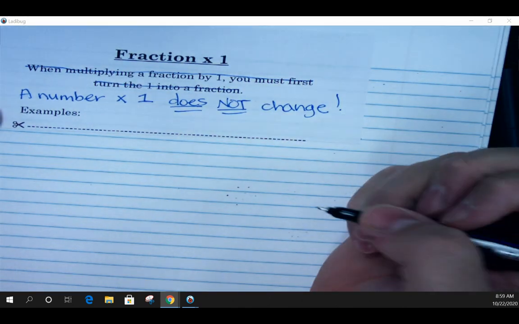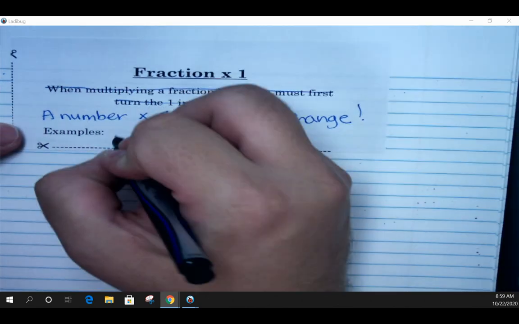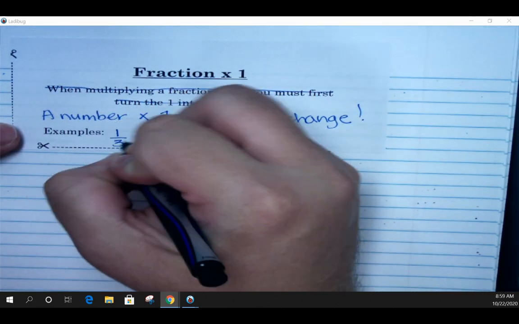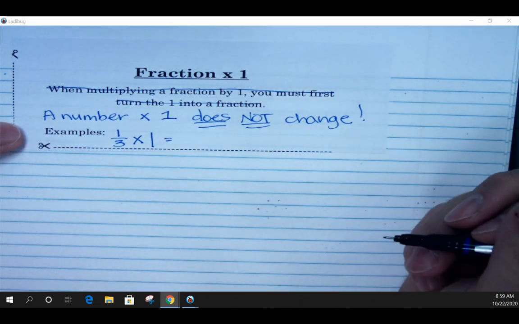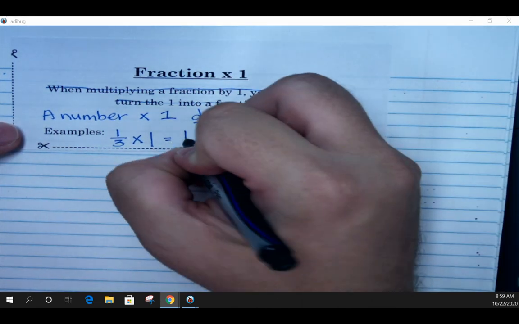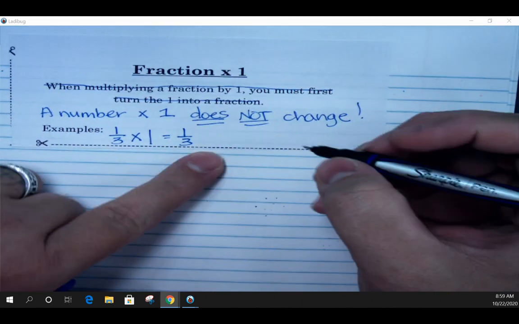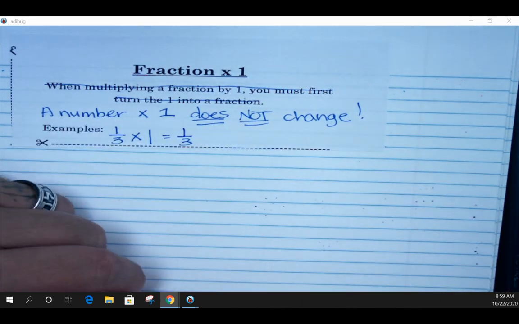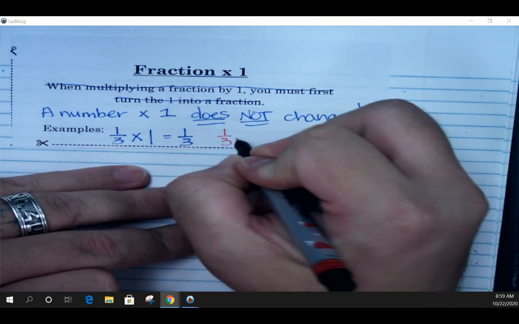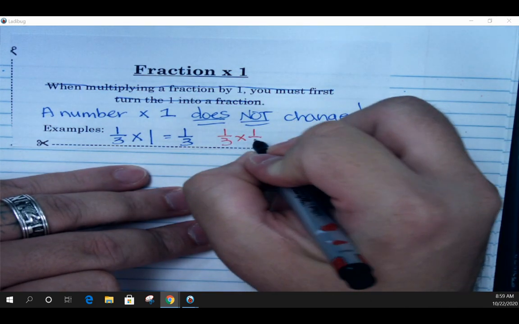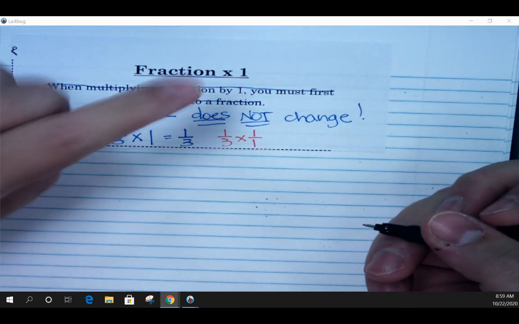So, for example, if I have 1/3 times 1, what is it? 1/3. And I'm going to show you out to the side what Miss Hussey means. I'm going to use 1/3 again. 1/3 times 1/1, which is what?